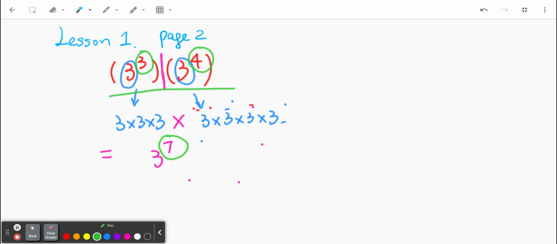You are multiplying, but what do we do with the exponents to get 7? You add. Very good. So that means 3 to the power 3 times 3 to the power 4, you actually have to add the exponents together to give you 3 to the power 7. You see that? Very, very good.